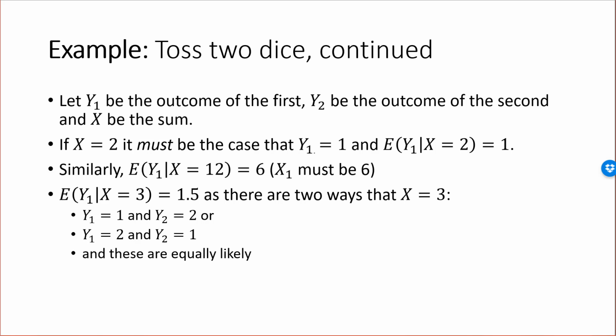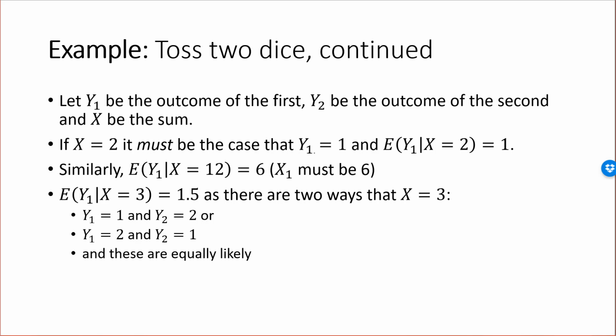So the final thing I want you to notice with this example is that the expected value of y1 conditionally on x taking a particular value must be a number. But the conditional expectation of y given x, if I do not specify what x is, must be a random variable. This capital X can take values between 2 and 12, and I don't know which value it will take until I perform the experiment.